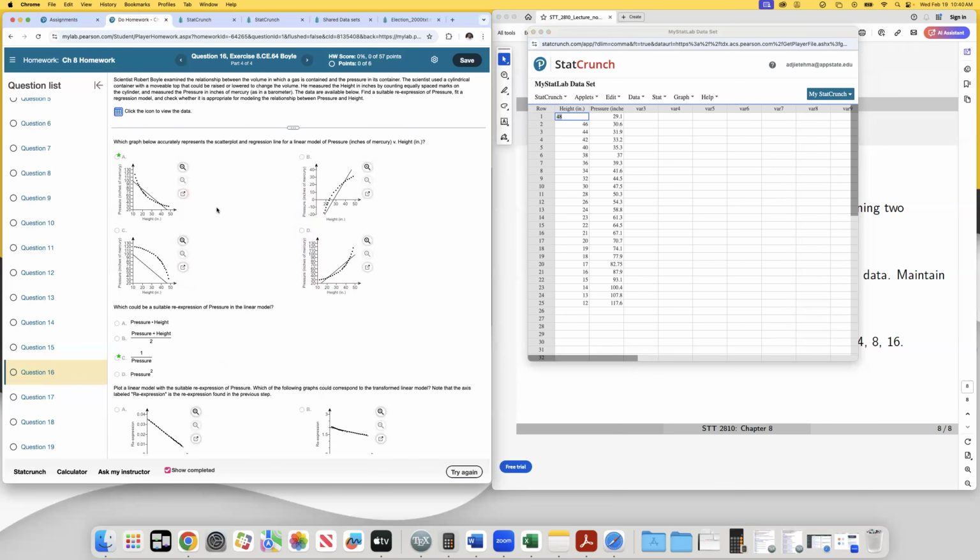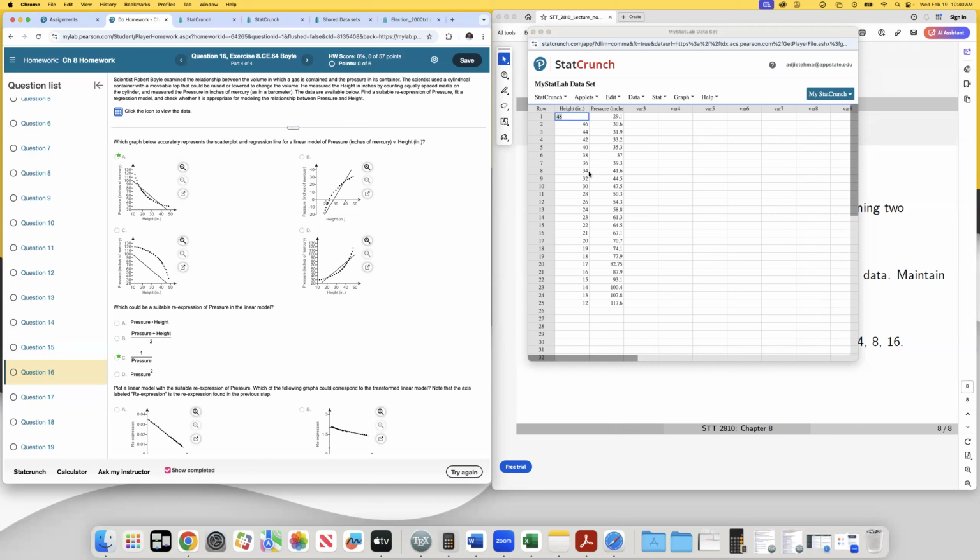When you look at this one here, the Y is the pressure and the X is the height. It is the same for all of them. The question is which of them accurately represents the scatter plot and regression line for the linear model. So let's try to do that.